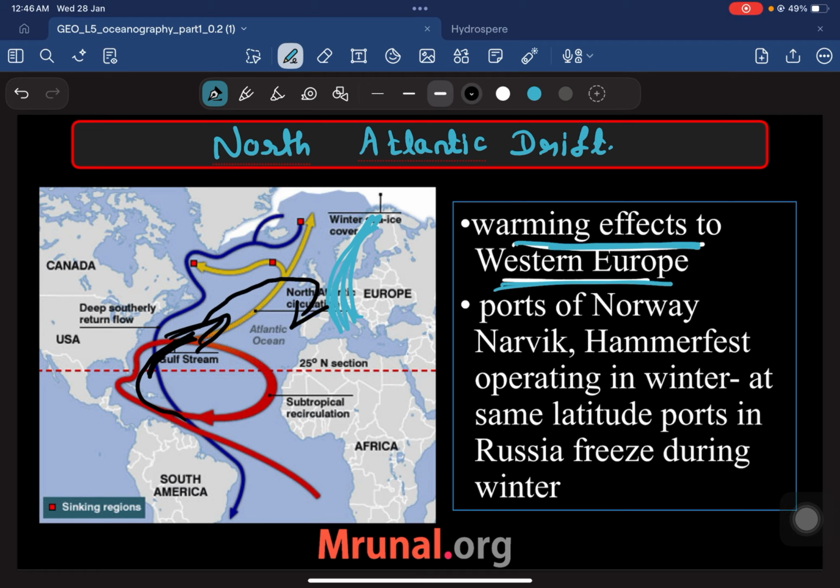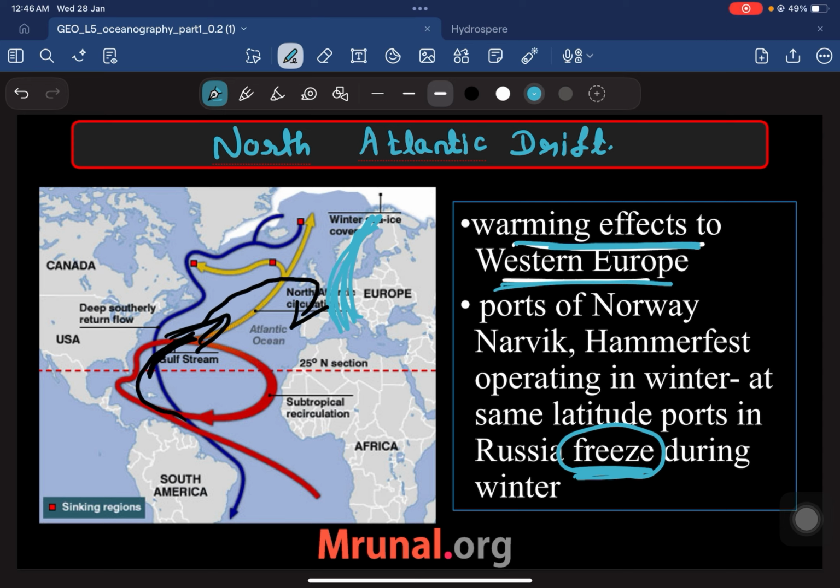When it is moving in winter, what will it do? In winter, it will melt the polar ice caps of Western Europe. Understood? Yes.